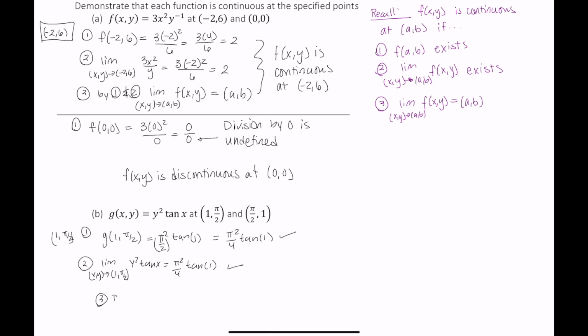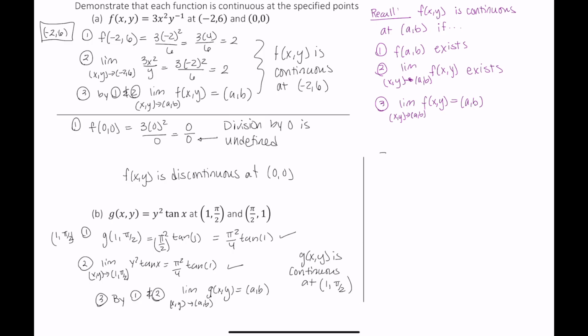So again, by 1 and 2, the limit as x comma y approaches a comma b of g of x comma y is equal to g of a comma b. So I know that g of x comma y is continuous at 1 comma pi over 2.